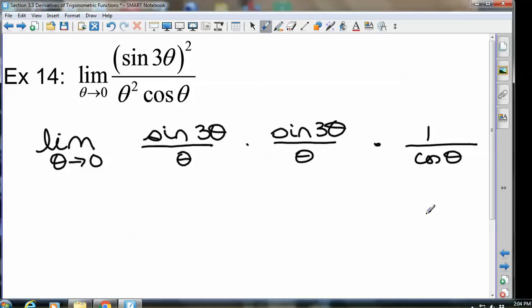Alright, you know what I've done there? So next step. This needs to be sine 3 theta over 3 theta. So if you put a 3 on the bottom, you've got to put a 3 on top. This one also needs to be 3 theta. So I have to put another 3 on top.